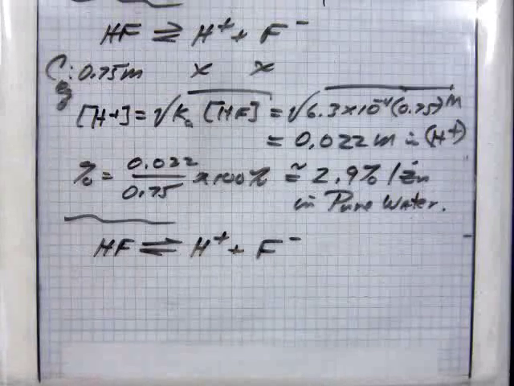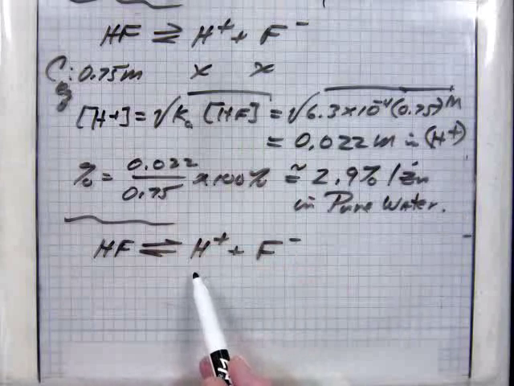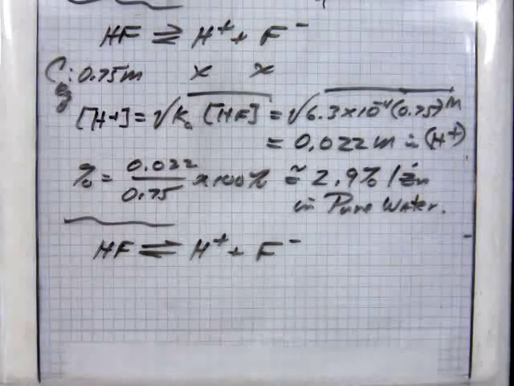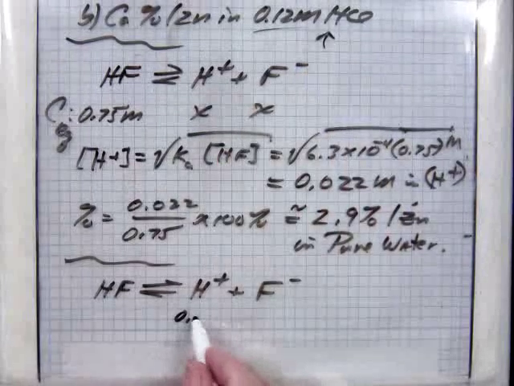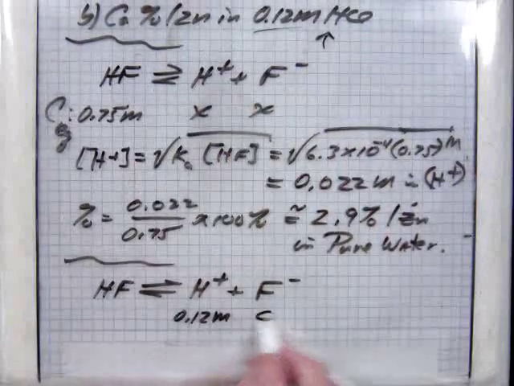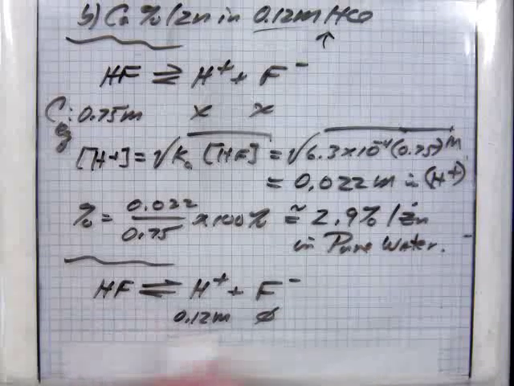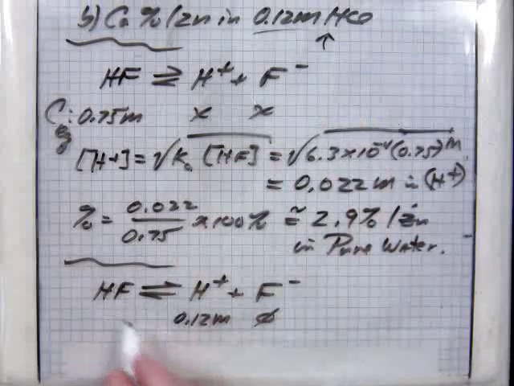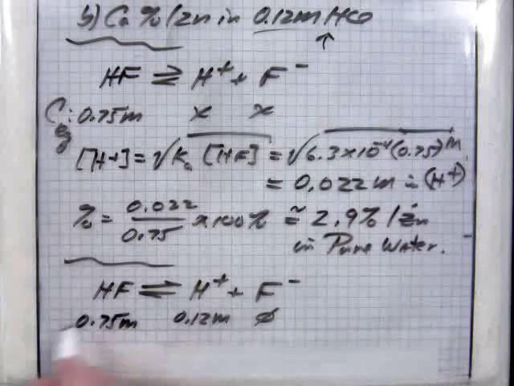So for this second part, you already have some hydronium ion present, and that's given to be 0.12 molar. So you come in here 0.12 molar, and you haven't delivered the fluoride. It's the amount of fluoride in this one that defines the degree of ionization. And so that's what you were looking for in your ice table. And you started with a 0.75 molar solution.